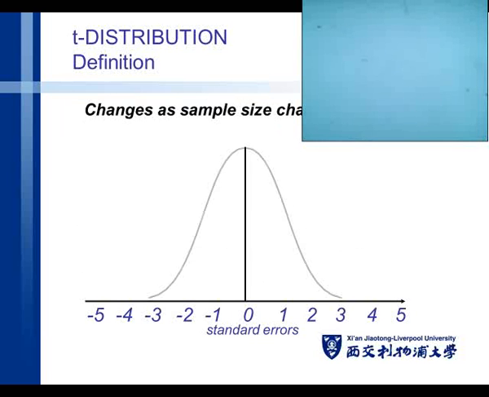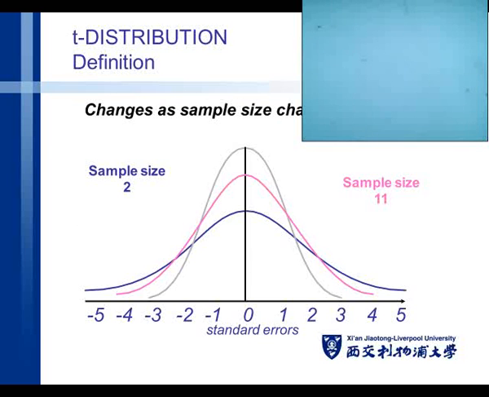So, here is a standard normal distribution. And this is the t-distribution for a sample size of 2, so 1 degree of freedom. And this would be a t-distribution for a sample size of 11, so degrees of freedom of 10.